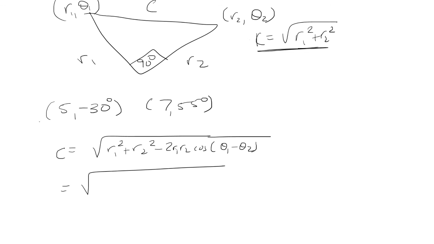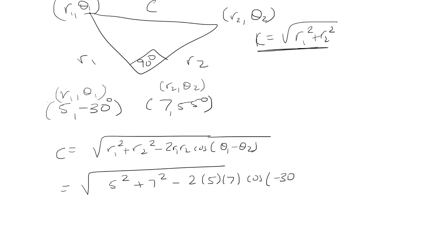We'll call this r1, theta 1, and this r2, theta 2. So r1 squared is 5 squared, r2 squared is 7 squared, and then we have cosine of theta 1, which is negative 30, minus theta 2, which is 55. Take the square root of that, plug it in the calculator, and you end up getting 8.24 as your answer.